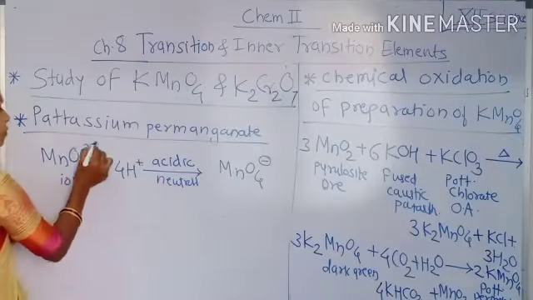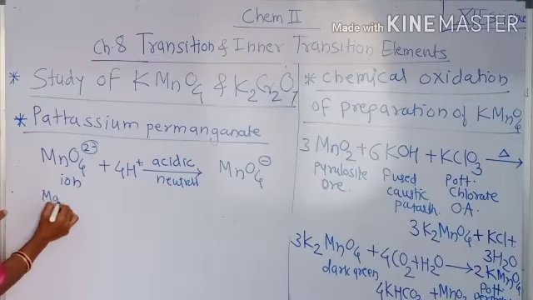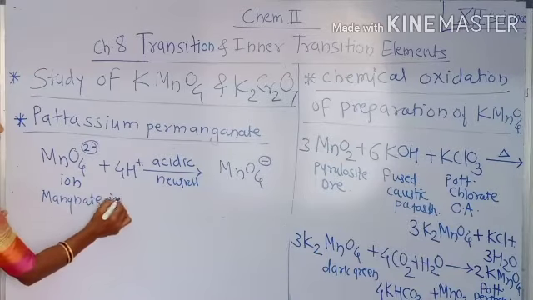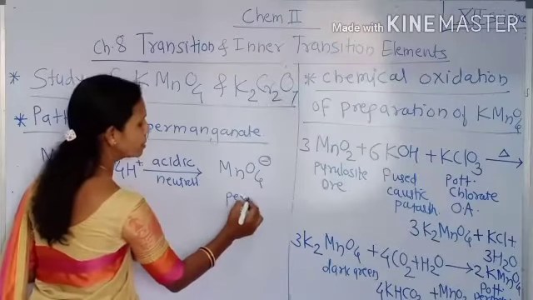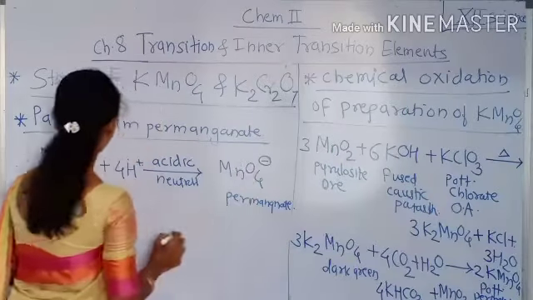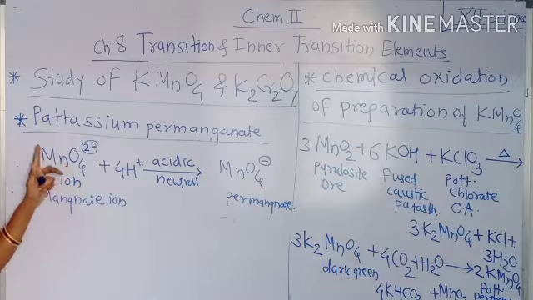Focus here: MnO4 2-, that is the manganate ion, is converted into the permanganate ion, MnO4-, which is a deep purple color.